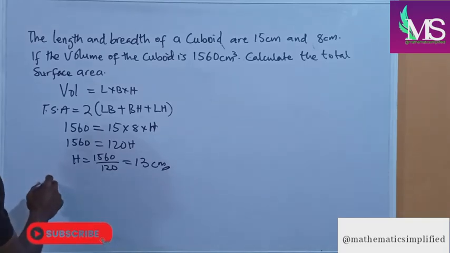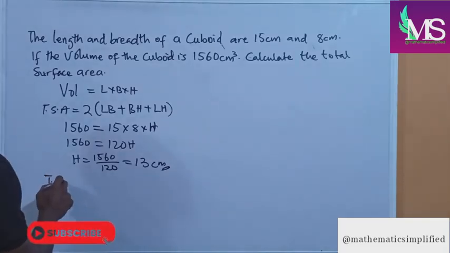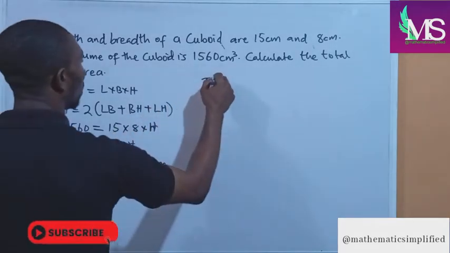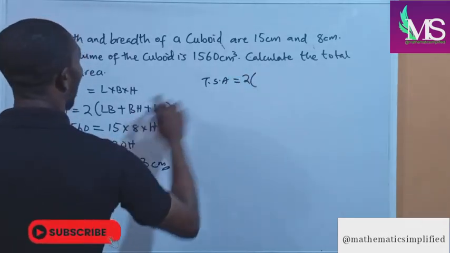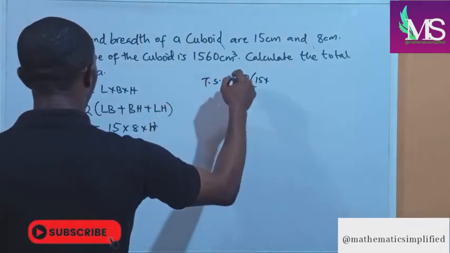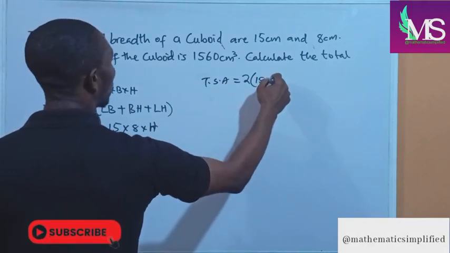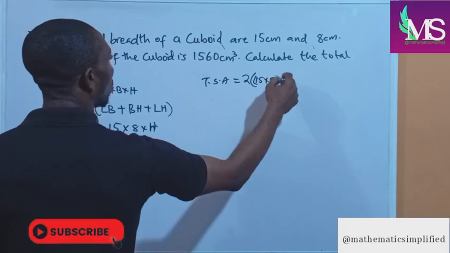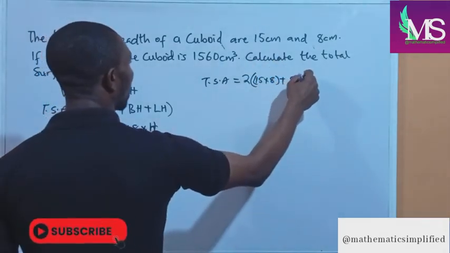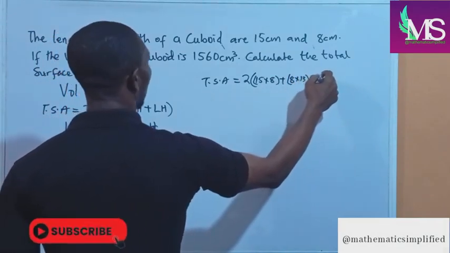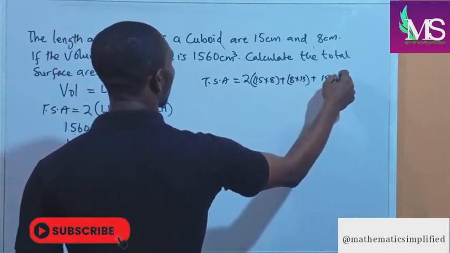Now, our total surface area, TSA, which is going to become 2 bracket length 15 times breadth 8 plus breadth 8 times height 13 plus length 15 times 13.